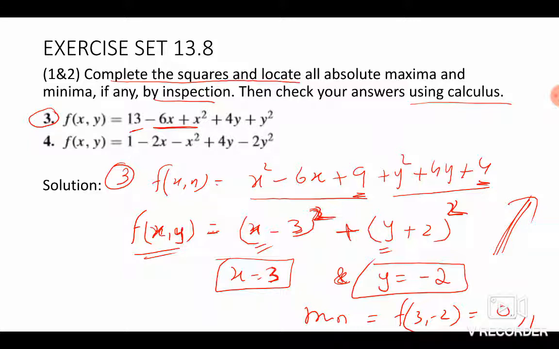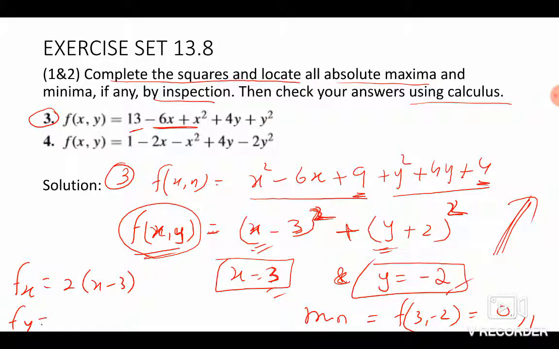Now there is no boundary value to find the absolute maxima. As far as y and x keep increasing, f will be increasing. So no maximum. So some interior point 3 comma negative 2. We have to find critical points for this function. First derivative fx, derivative with respect to x: the second term is 0, you get 2 times x minus 3 into 1.